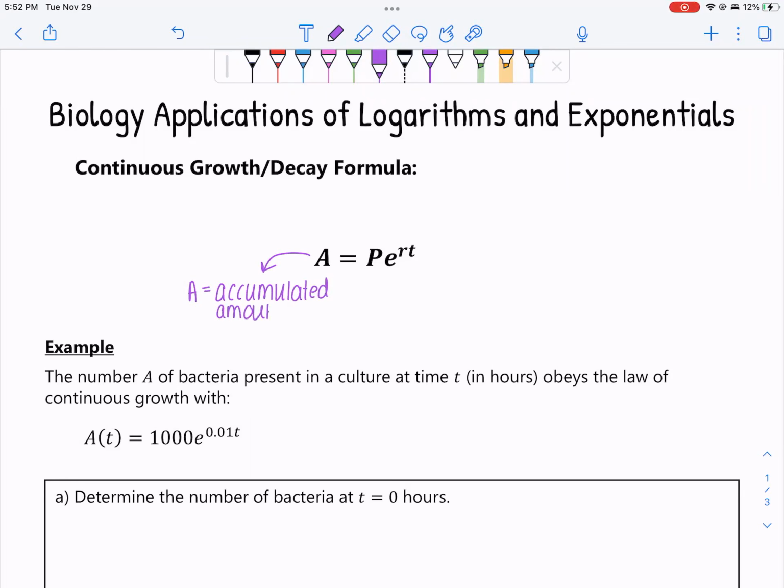And as it relates to population, it is the population after T years, or population after time T. The P is still principal, but it's different. Instead of it being the initial amount you invest, it's the initial population.